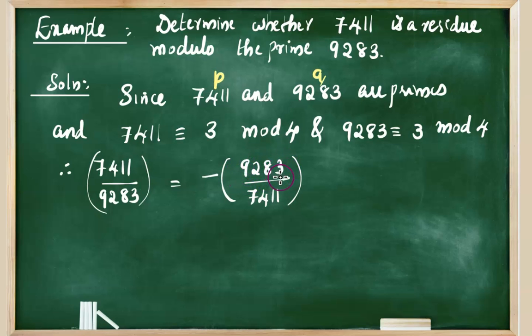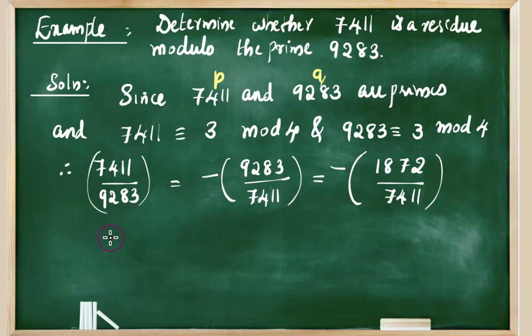Since this symbol is evaluated modulo 7411, and since this number 9283 is greater than this modulus, we can reduce this number modulo 7411. That is, we can divide this number by 7411 and obtain the remainder. That will be 1872.